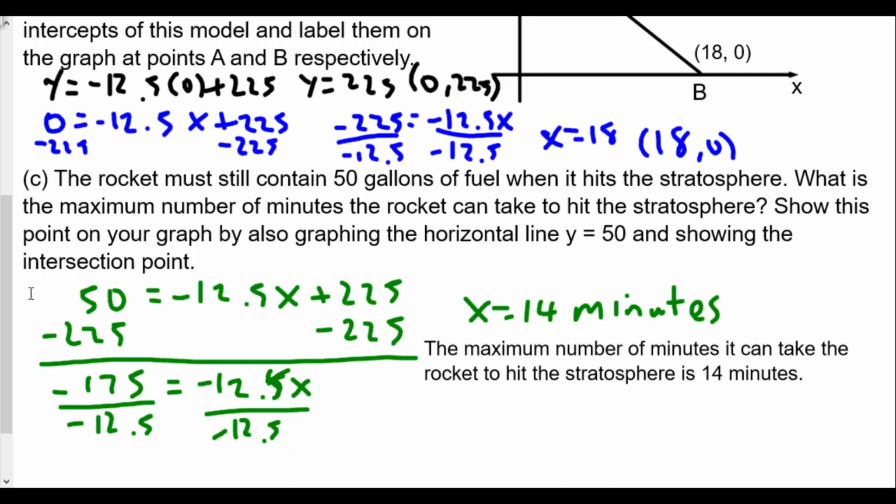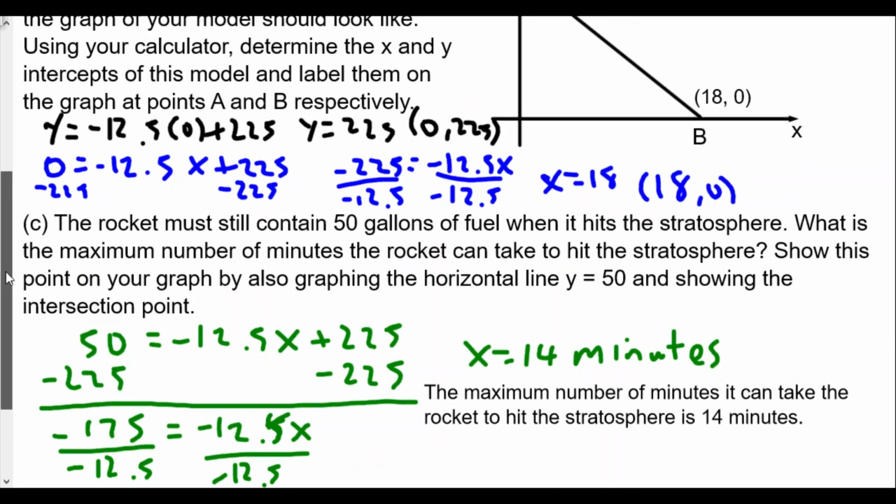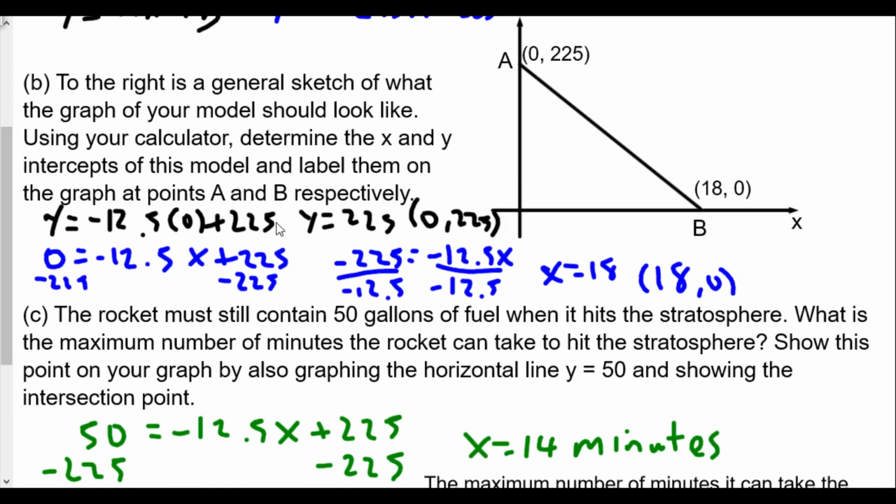gallons of fuel. And so the question is also asking us to draw a horizontal line. Well, if this is 225 and this is 0, 50 should be, let's see now, somewhere over here. All right, I would say here's my horizontal line.